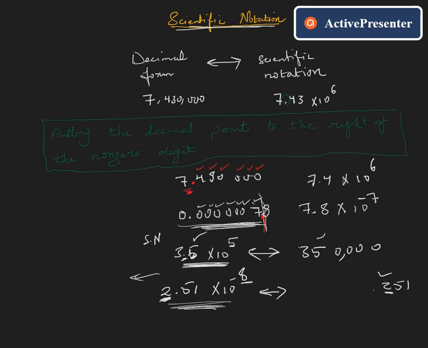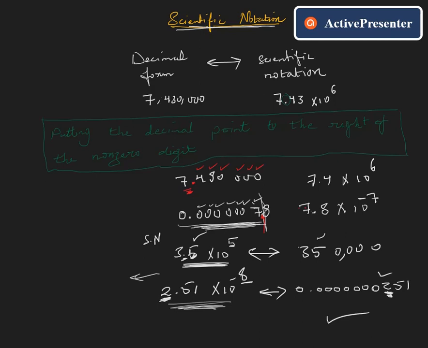The other 8. This is the first decimal place. This is the second, third, fourth, fifth, sixth, seventh, 8. Okay, then we are done. We transform it to the decimal form.